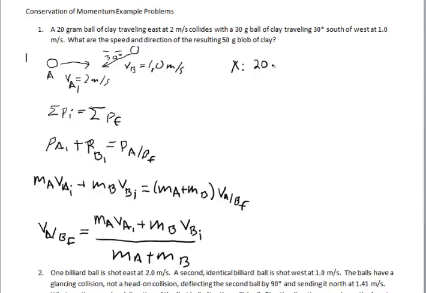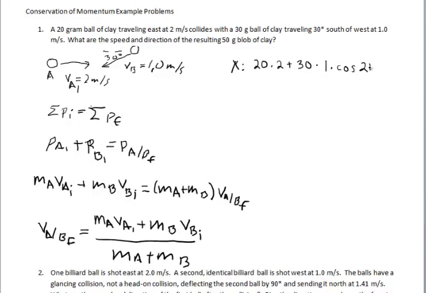So 20 is going to the right at 2, plus 30, the mass of the other piece of clay, going down to the left at 1 times cosine, because it's the x component. I'm going to do it all the way around. So this is the 0 direction: 0, 90, 180, add 30, it would be 210.